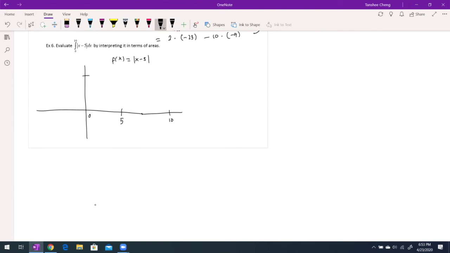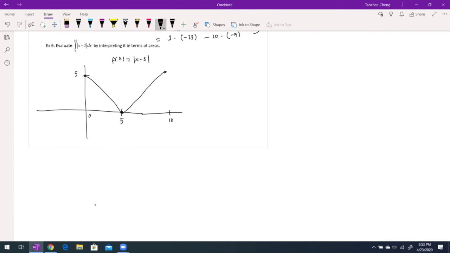When x is 0, my function value is 5. When x is 5, my function value is 0. When x is 10, 10 minus 5 is 5. So here is my V shape, the graph of this absolute value from 0 to 10.